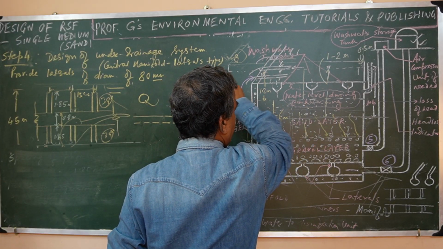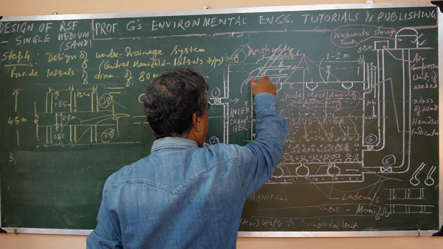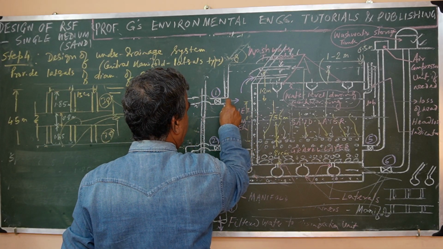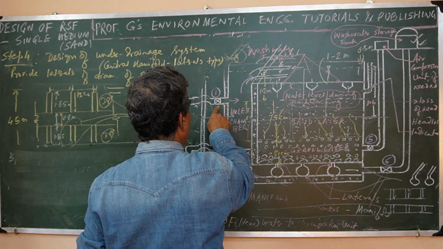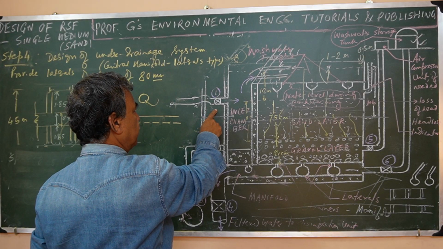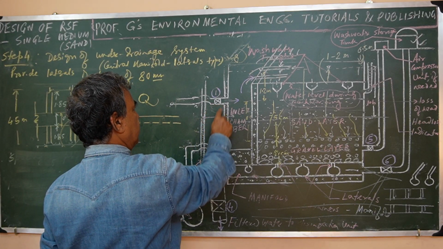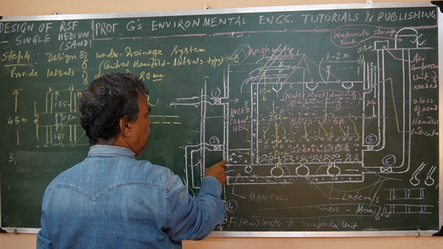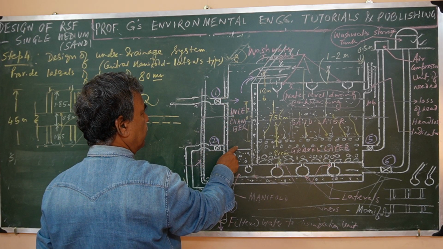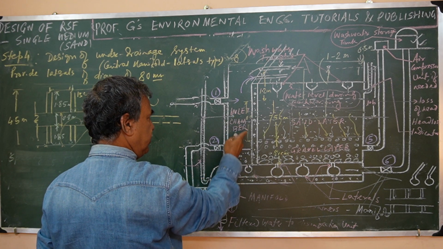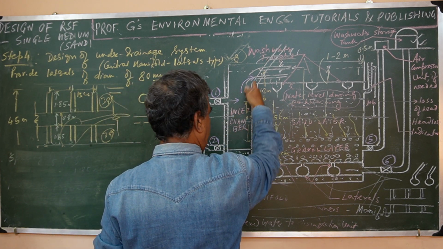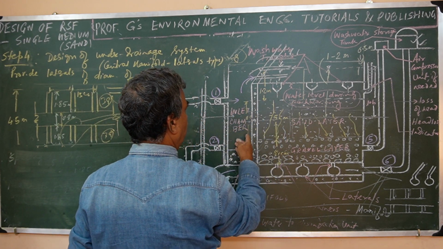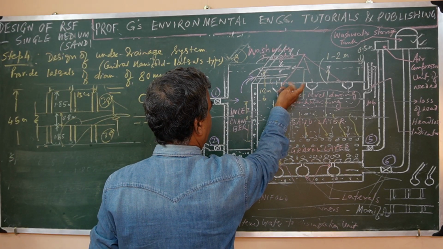If this side is the width, and here is the water supply, the inlet from the preceding unit, the entry will be at the upper level and this one at the bottom level. That means the wastewater, the wash water, after backwashing is discharged.